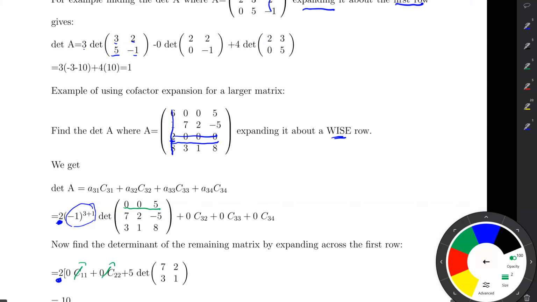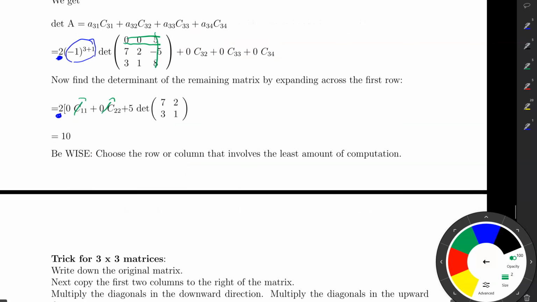I would have positive, negative, +5 times the determinant of the 2 by 2 matrix left over. And so this 2 is on the outside here, and then this 2 times 5 gives me a 10, and then if I multiply here to get the determinant, I get 7 minus 6, so that's 1. So that's how the answer just turns out to be 10.